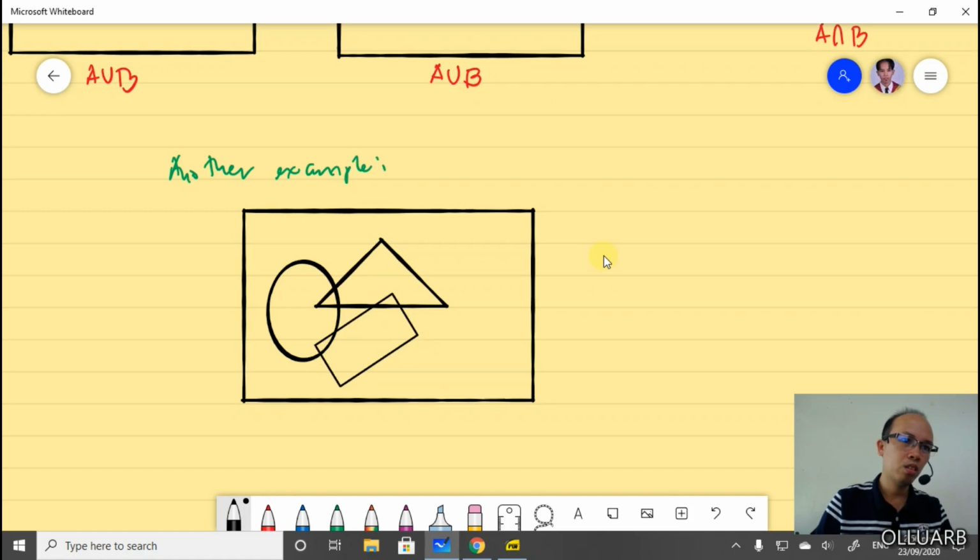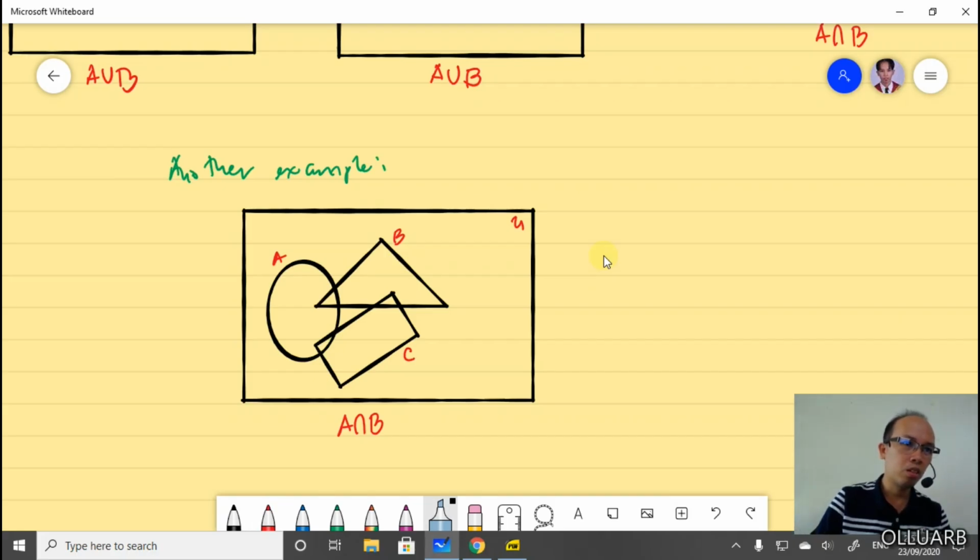If this is your universal set, this is your set A, your set B, your set C, and you are asked to shade the region of A intersection B, the shaded region is this portion here.